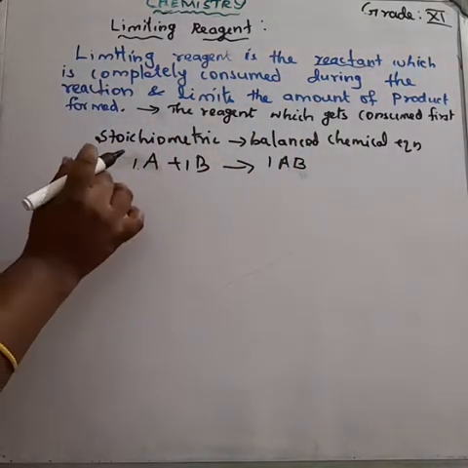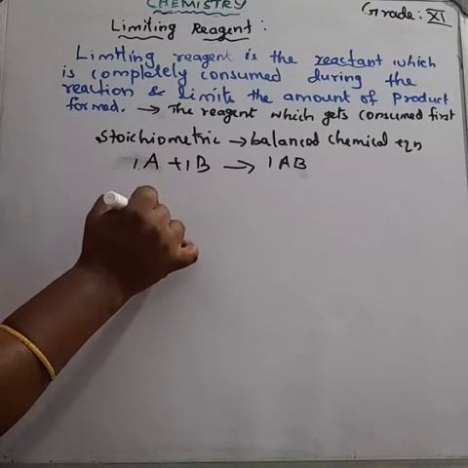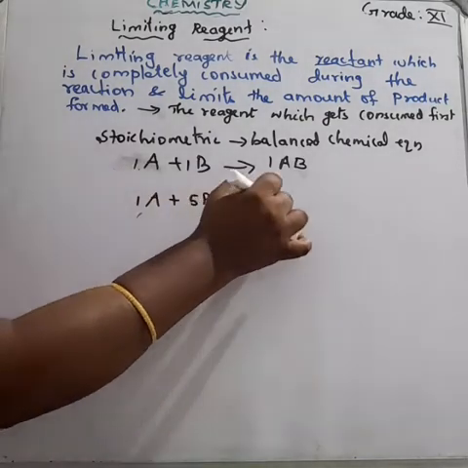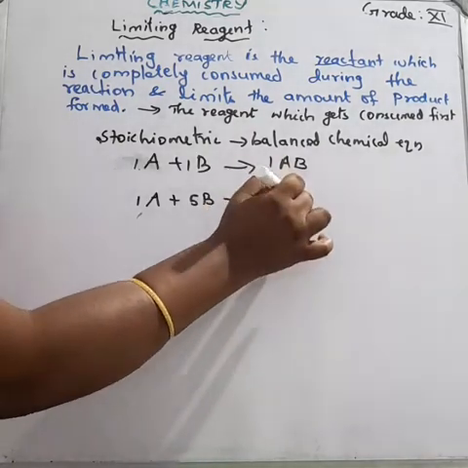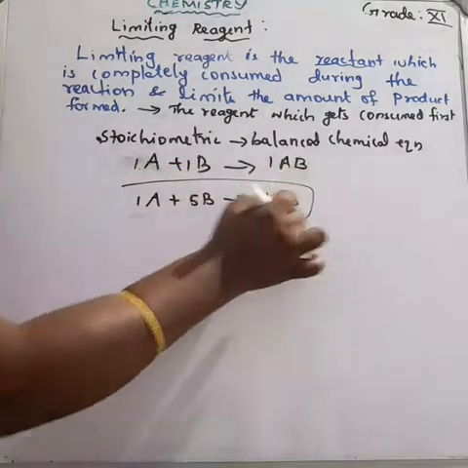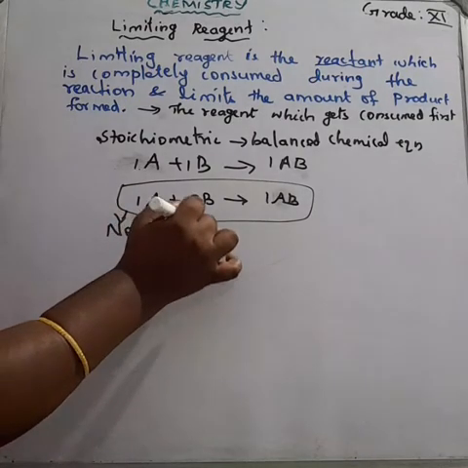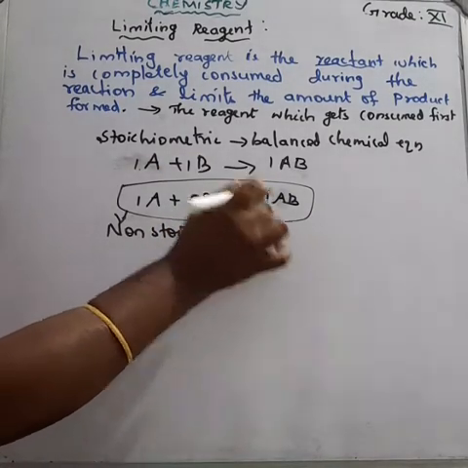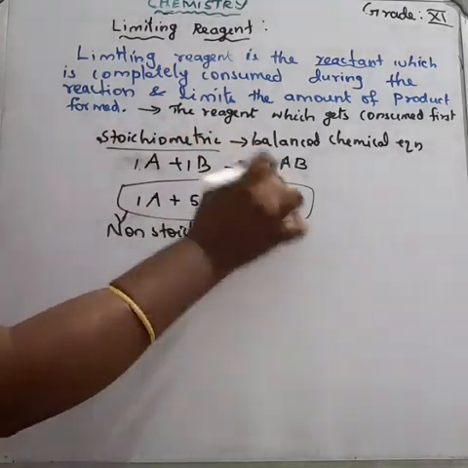Suppose for A we are taking 1 mole and B 5 moles, and the product AB, how many moles? 1 mole. So 1 mole of A reacts with 5 moles of B to give 1 mole of AB. Understood? So here this is non-stoichiometric. 1 mole of A reacting with 1 mole of B gives 1 mole of AB, which is stoichiometric, meaning balanced.